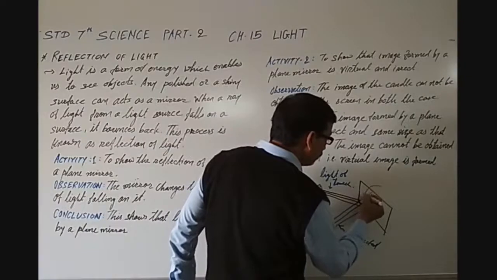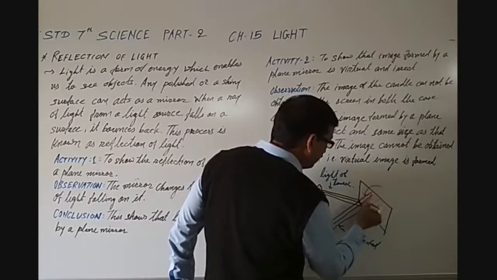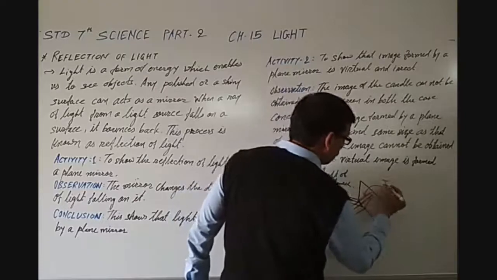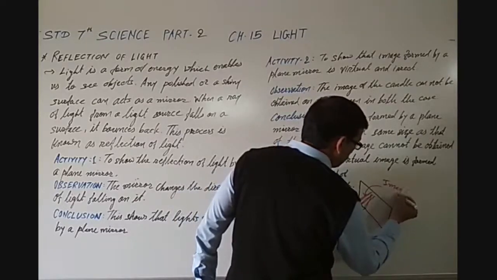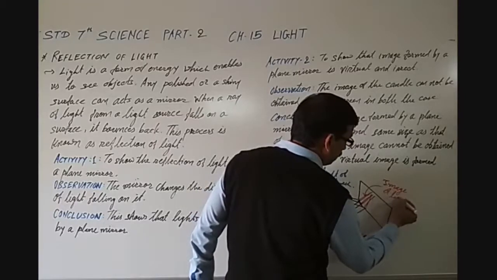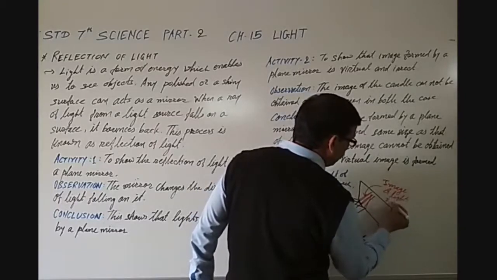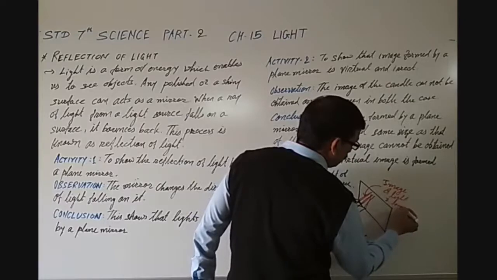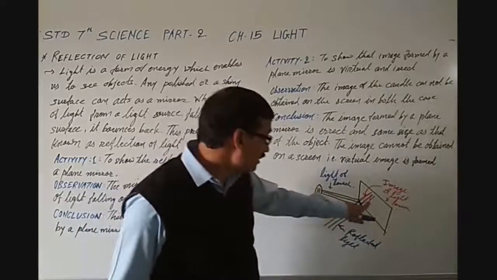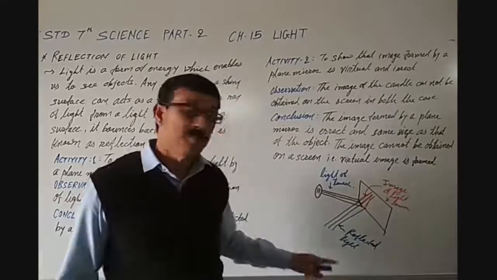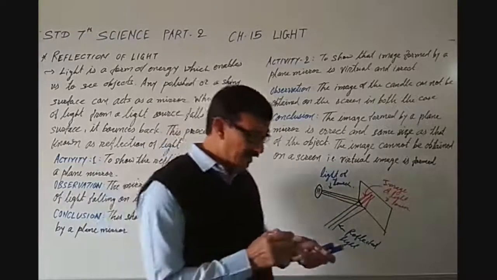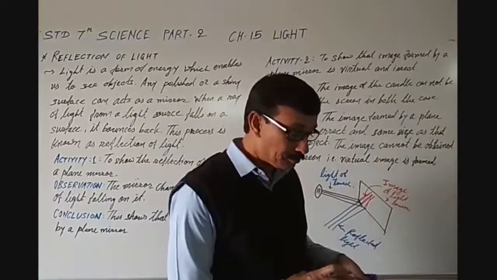These 3 slits are the image of the slits of the torch. Okay, so this red colored one is the image. Okay, so something like that you will see.